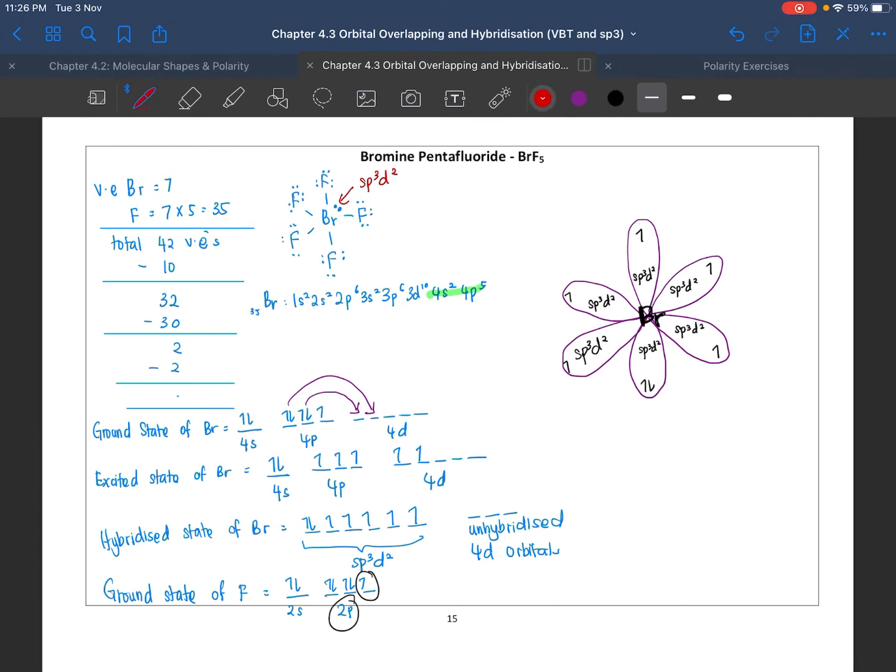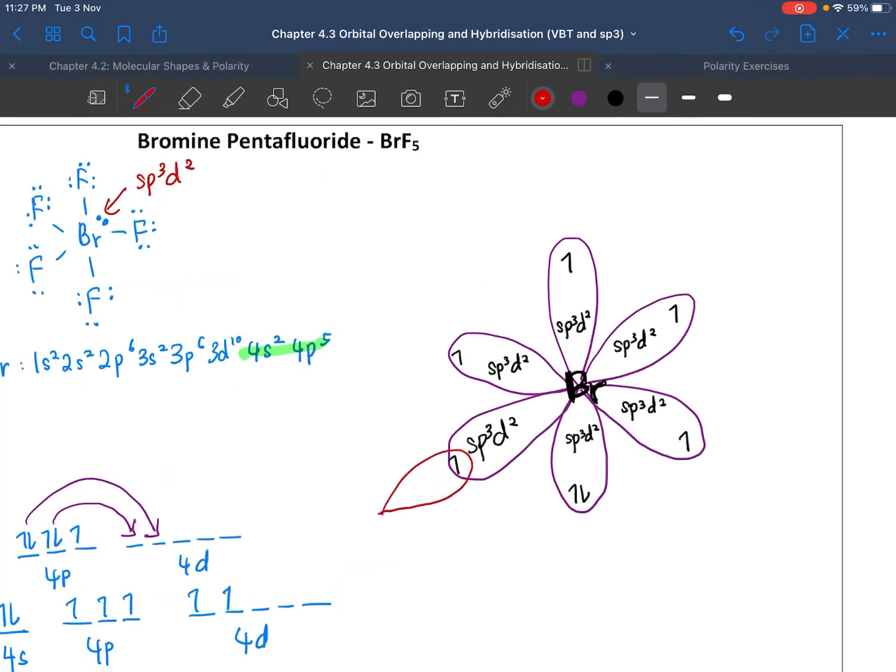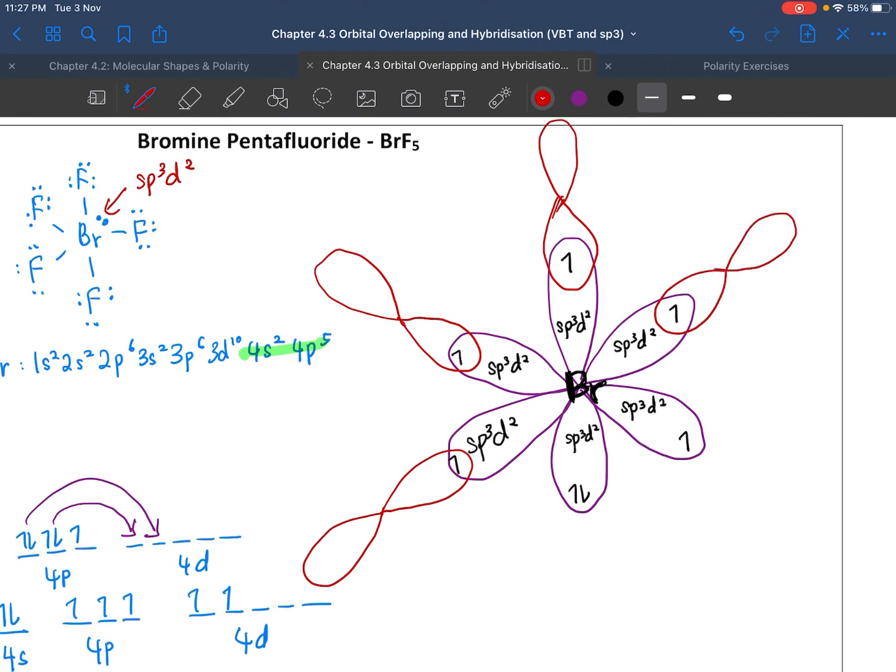That means we need to draw the shape of dumbbell again. Okay. Dumbbell over here, overlap. Over here, also dumbbell. Okay, and then this one dumbbell. Ini another one.